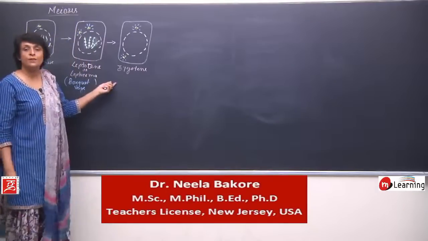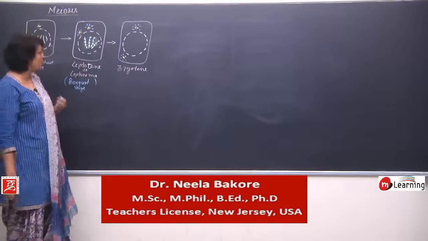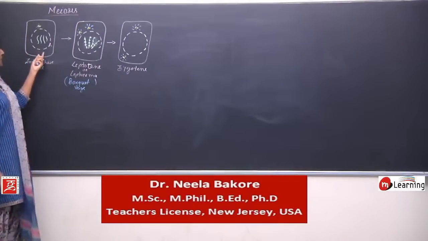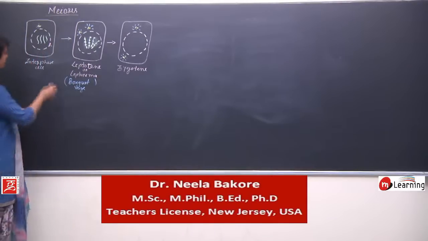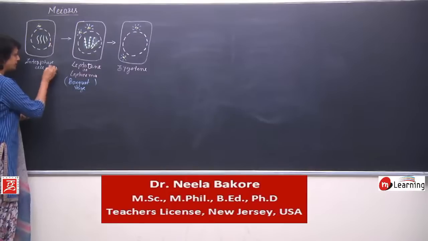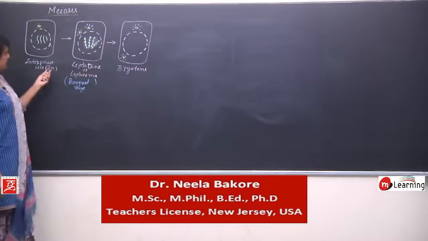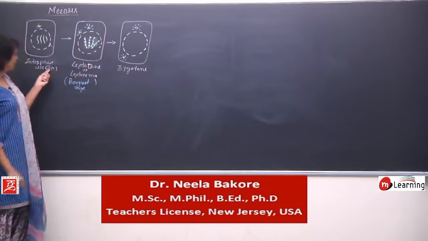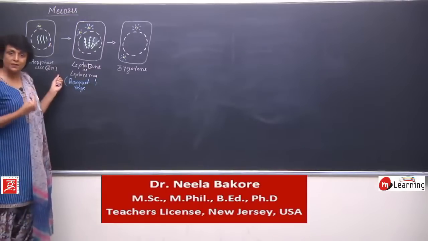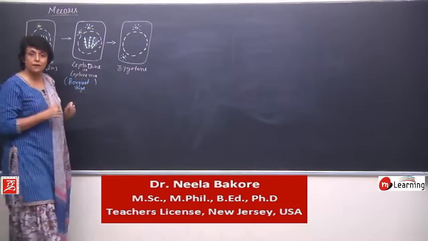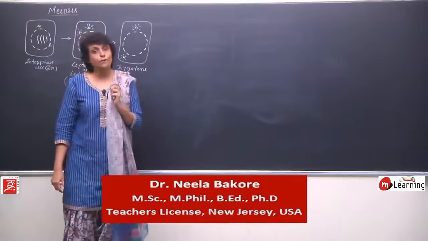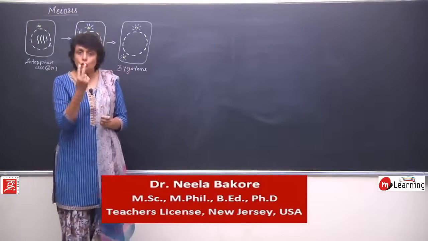Now here we need to understand what exactly we mean by homologous pair. Let us go back to the original cell. This cell, interphase cell, is a diploid cell. That means it has two sets of chromosomes. If you are talking about human cell, 23 chromosomes are from the mother and 23 chromosomes are from the father. That means for one set of characteristics, there are two chromosomes.